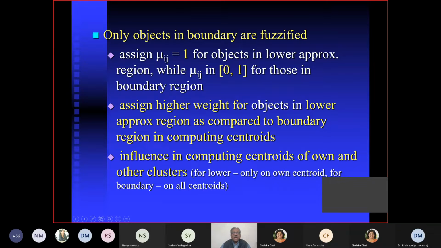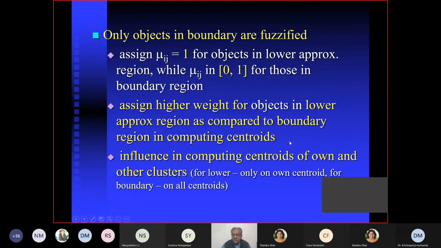Very simple concept: only objects in boundaries are fuzzified. Assign membership value 1 for objects in lower approximation and 0 to 1 for the boundary region. Assign higher weight for objects in lower approximation compared to boundary in computing centroid.